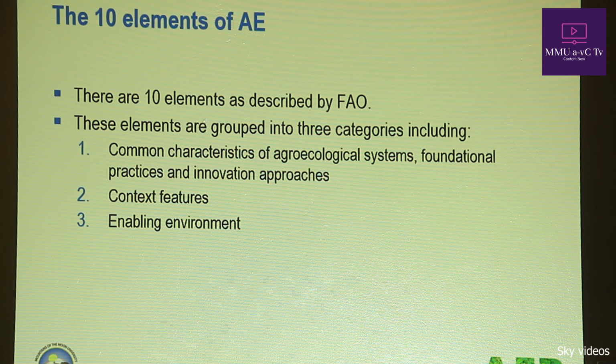So we have here 10 key elements described by the Food and Agriculture Organization, FAO, that will help us to contextualize the practices, the science, and the social movement.